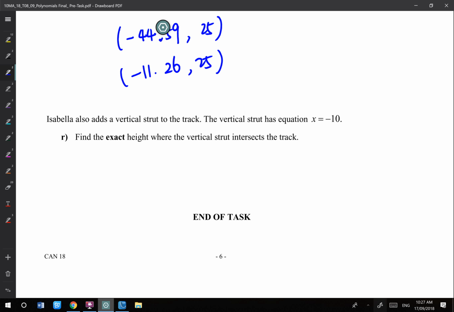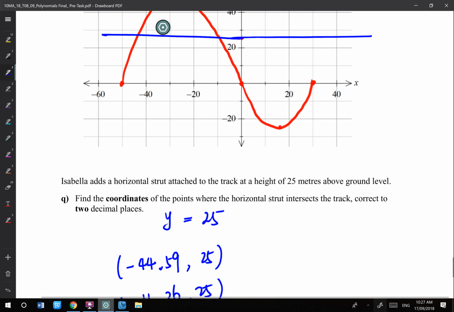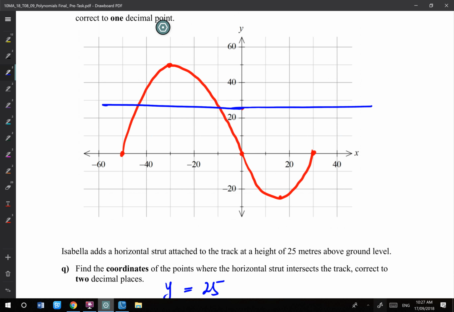Isabella also adds a vertical one. The vertical has x equals minus 10. Find the exact height where the vertical intersects the track. So minus 10. Let's have a look at minus 10. Can you see it's this one here? Okay, minus 10.